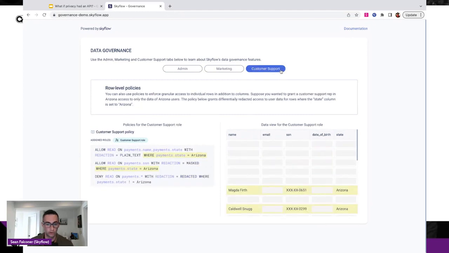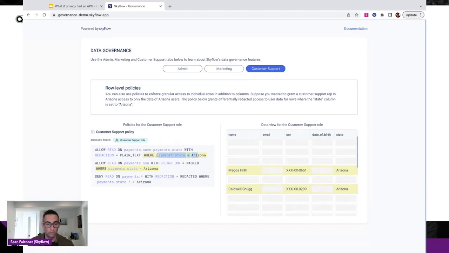And then for customer support, well, customer support needs access to even less information. So they can see name, last 4 social for validating who the customer is, and they can see state, but everything else is redacted. And additionally, this particular customer support agent only has access to people in the state of Arizona.